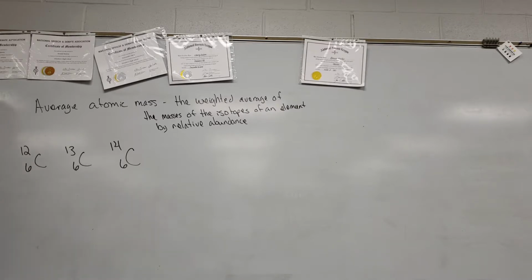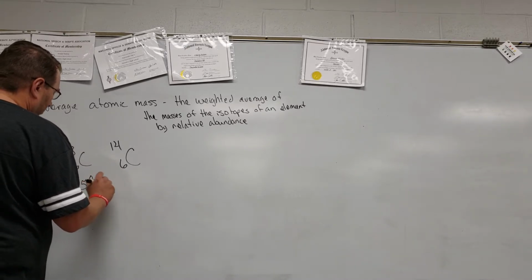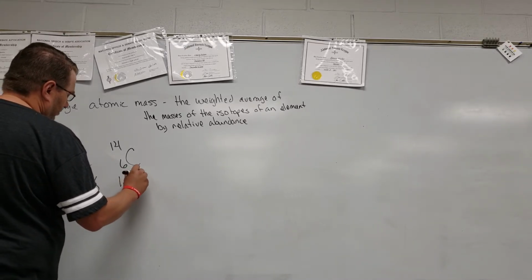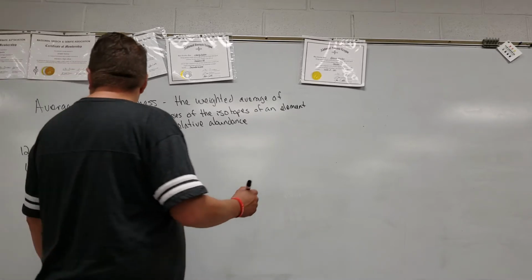This is how you calculate average atomic mass. So let's say 98% of all carbon in the universe is carbon 12. 0.5% is carbon 13, and 1.5% is carbon 14. Okay? I'm making that up. I do know this is the most abundant, that's not making the rest up.